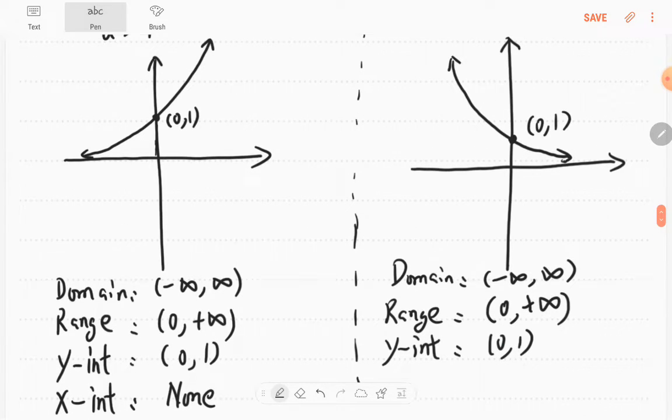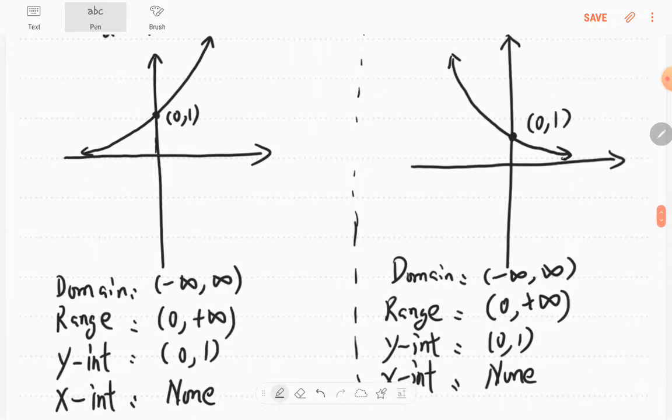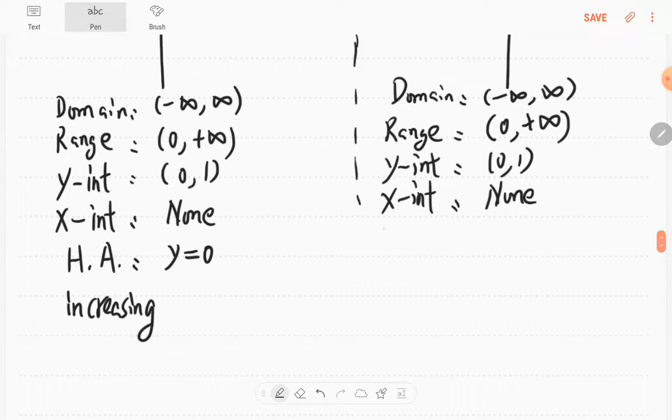This point. And there's no x-intercept, because it never touches the x-axis. And the horizontal asymptote is still the same, which is y equals 0.